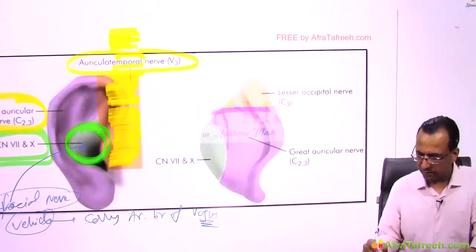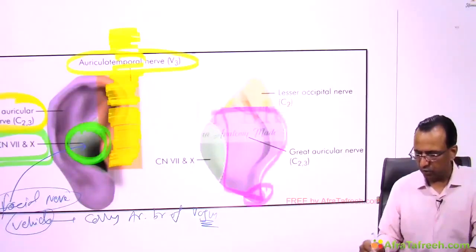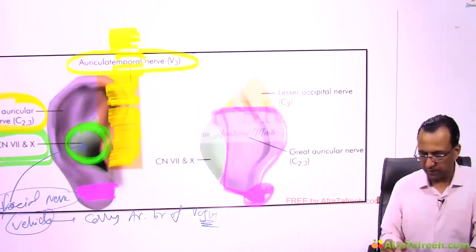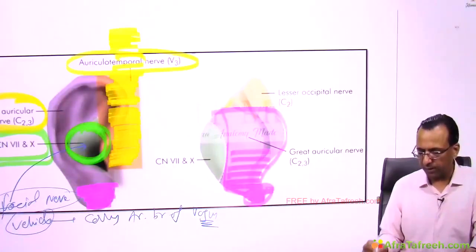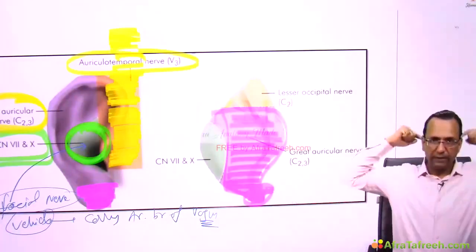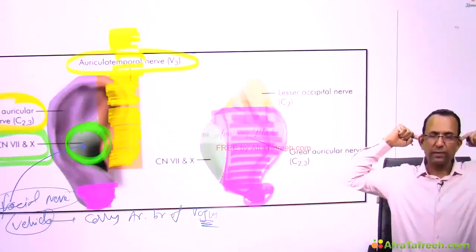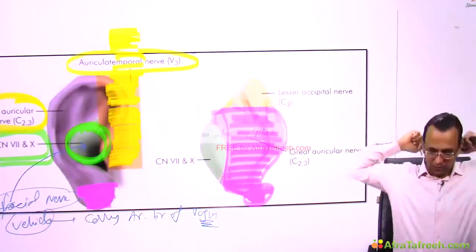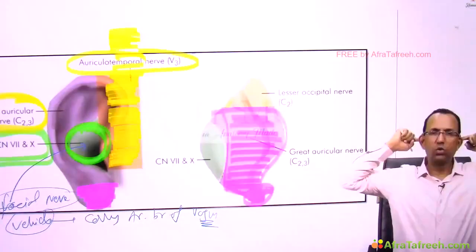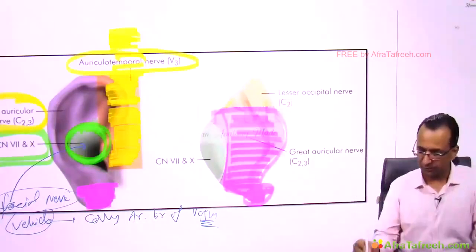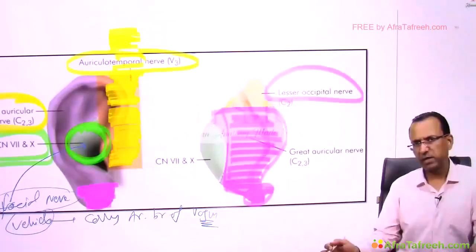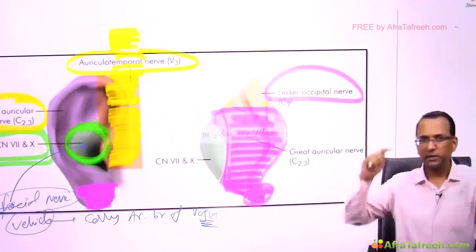But remember, it is supplying the lobule laterally and medially, but it is not supplying the upper area. Who is supplying the upper area on the medial surface? From behind, the occipital region: the lesser occipital nerve. So the lesser occipital nerve supplies the upper part of the auricle, but only the medial surface, not the lateral.